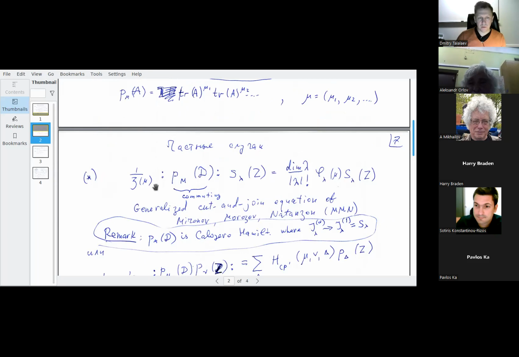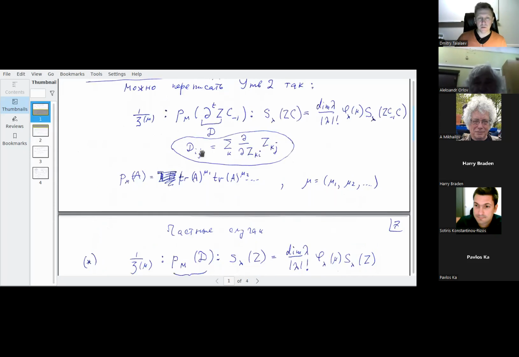Dima, what to explain more about this? I just don't understand what is P mu of D. P mu of some matrix, this is a matrix of derivatives. This D, if you remember, is just a matrix whose entries are some partial derivatives. So each entry, we take entry 1 1 here and sum.